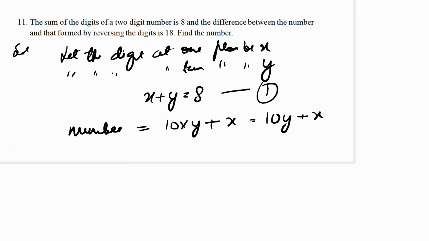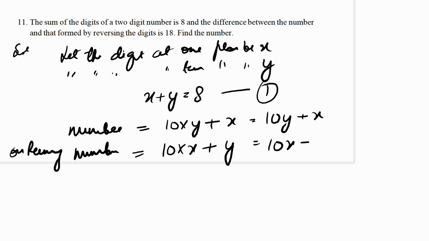Now on reversing, the number will become what? Reversing means if it was 54, the next number is 45. So the digit at tens place will go to ones, and the digit at ones place will go to tens. So it will become 10 into x plus y, that will become 10x plus y.